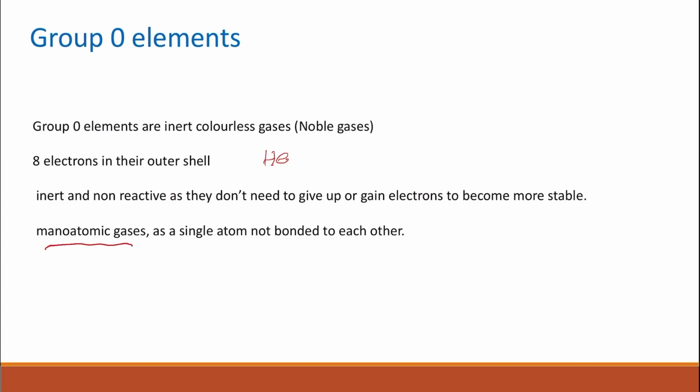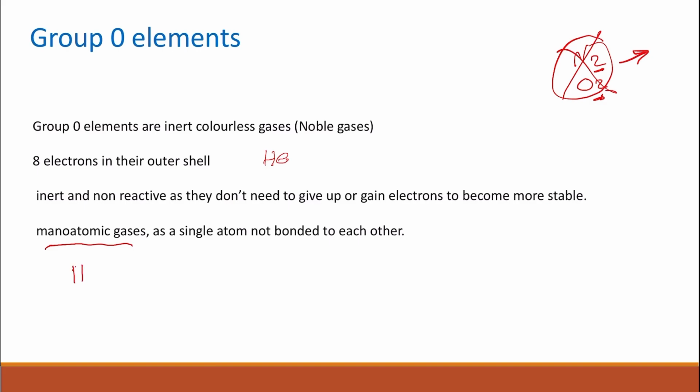any other element or even with itself. So they exist as monoatomic gases, unlike most gases we know, which are elements like nitrogen, like oxygen, and so on. These are different gases which exist as diatomic gases, while these are not like the noble gases.